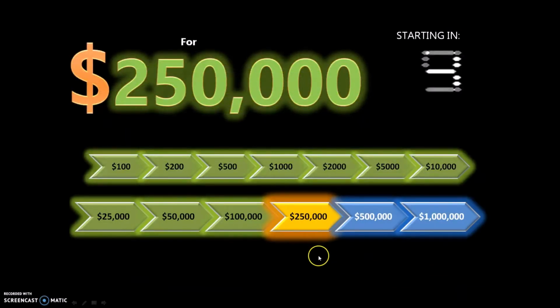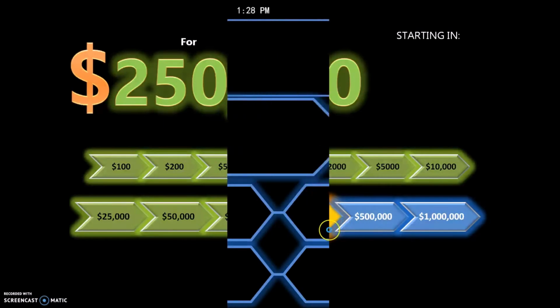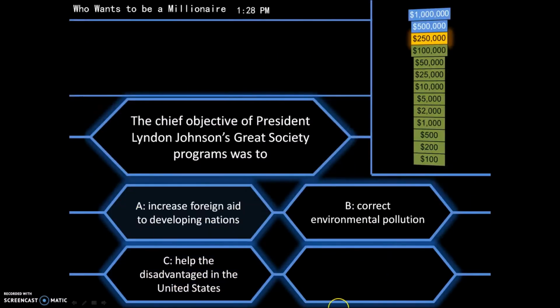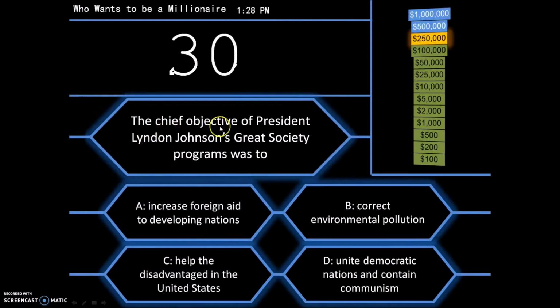Alright. If you're still there, you make it here. No worries. 3 more questions. The chief objective of President Lyndon Johnson's Great Society program was to. So another domestic policy here with LBJ. A, increase foreign aid to developing nations.